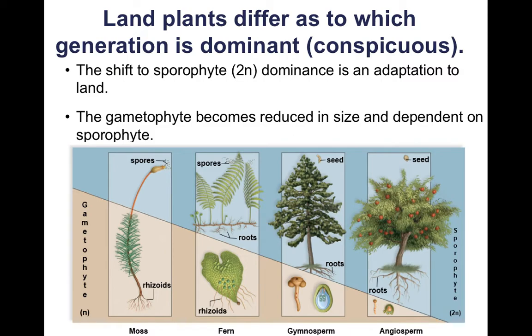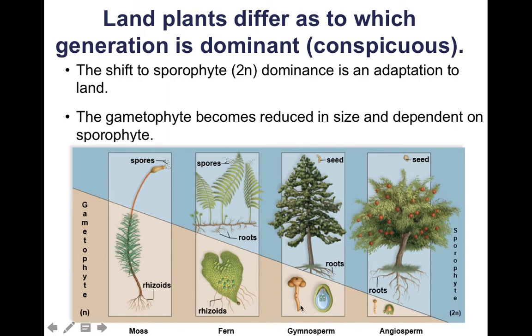So when you see pollen on a pine tree, that is actually the microgametophyte, and it will form the male gametophyte. So we have the female gametophyte and the male gametophyte. These will give rise to sperm and egg.